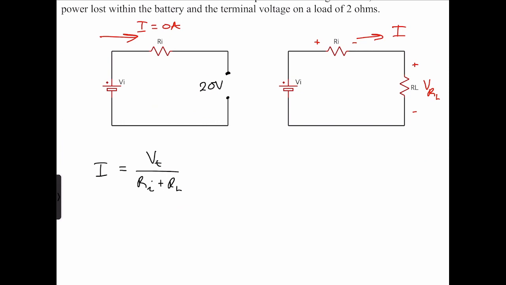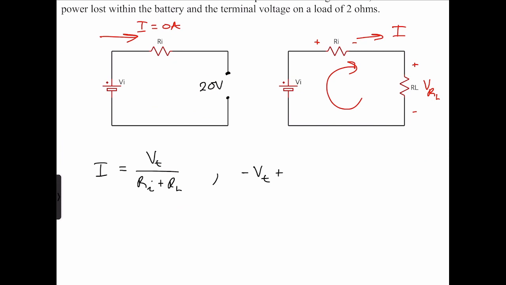So let's do the loop first. Going around the loop, we encounter the negative terminal of the battery, so we're going to have negative Vt.